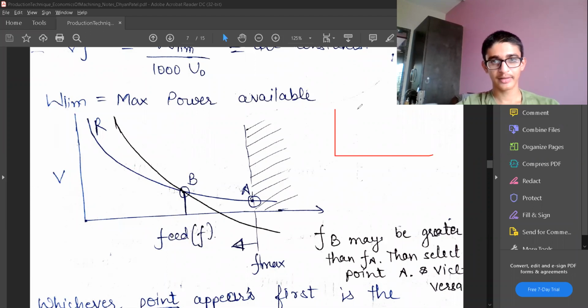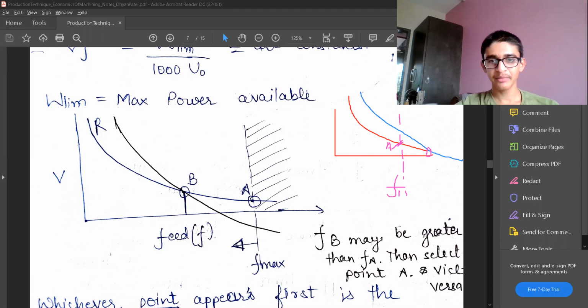Let's say this is the R curve I have, and this is the F feed rate curve I have, and it can happen that this is my F max. So in that case, I need to stop over here, and the point B, that is the intersection point, is after my maximum feed rate point, which is over here itself.